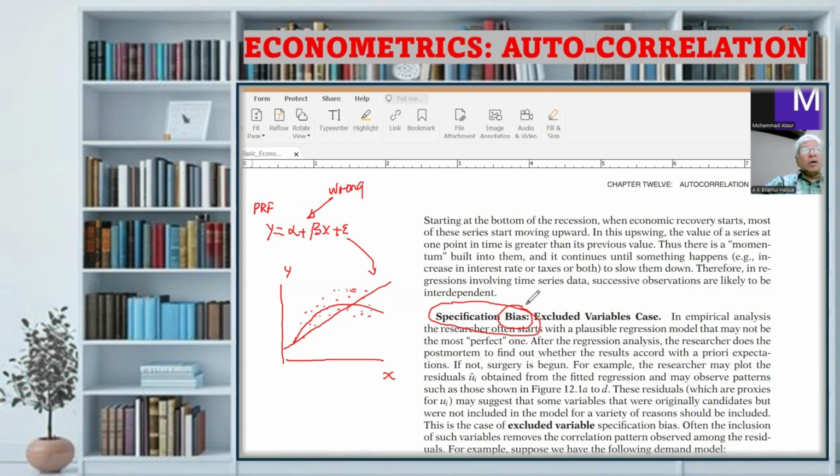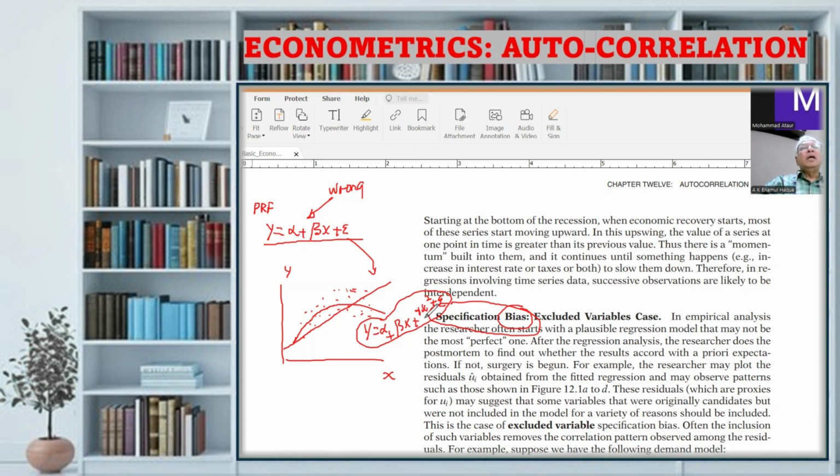I thought it is a linear model, but in fact the model should have been y equals alpha plus beta x plus gamma x square plus epsilon. If I had run this second model, it would have been a nice one. But remember what I did: I started with a linear model, and that is known as specification bias.